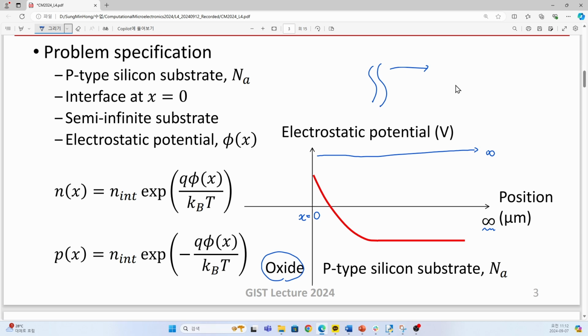For example, the electrostatic potential or electron density and hole density, beyond a certain point, everything is just uniform and homogeneous.